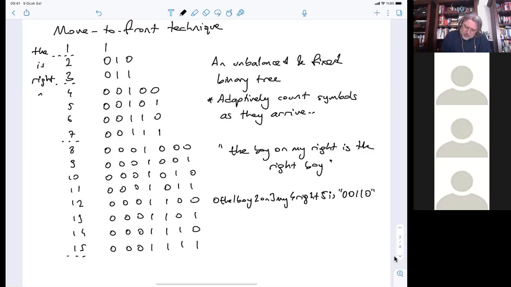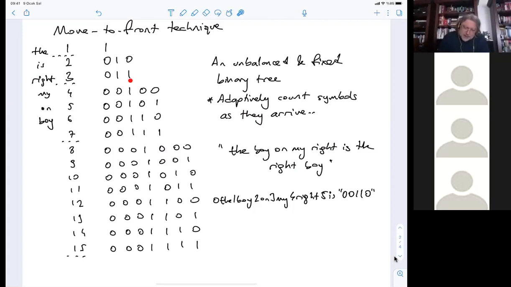So "the" is now at the top because its frequency is observed to be 2. Now, what is the next? After "the," it's "right." Right is in the dictionary, in the current form of the dictionary. This is not a static dictionary. As you see, it's updated all the time as new elements arrive. At that particular instant, when this "right" comes, right is in the dictionary and it is here.